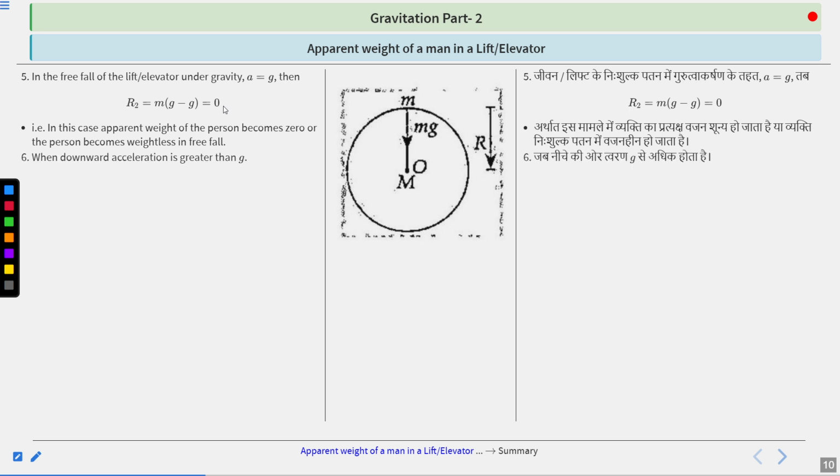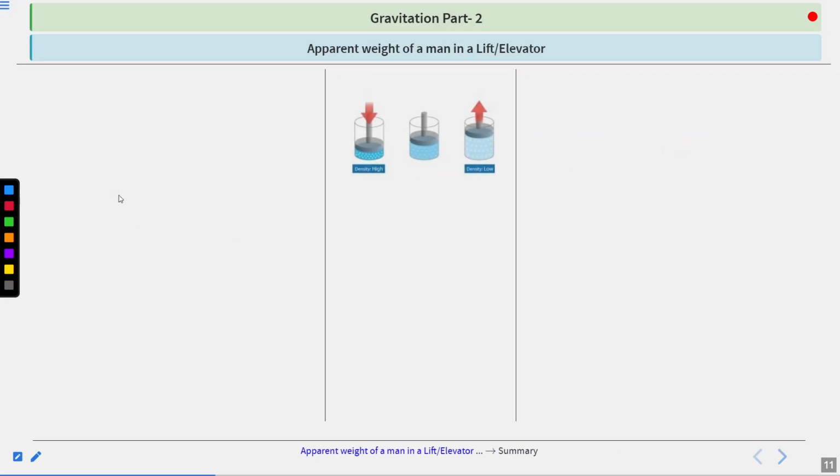When the downward acceleration is greater than g, then R2 = m(g − a), and R2 becomes negative. Got it? Therefore, the apparent weight of the person becomes negative.